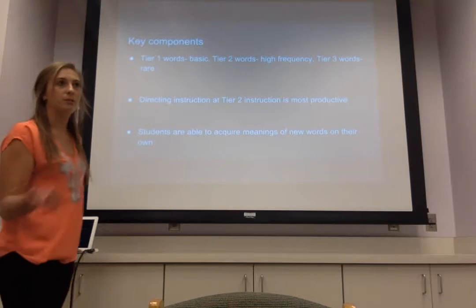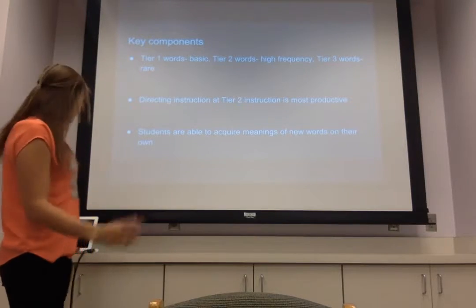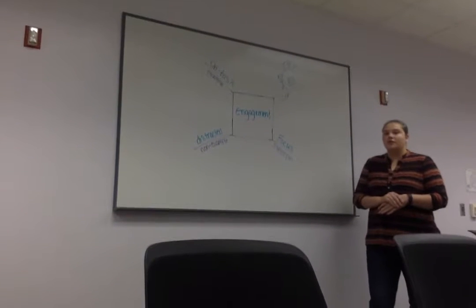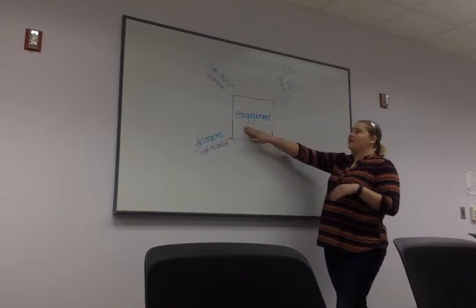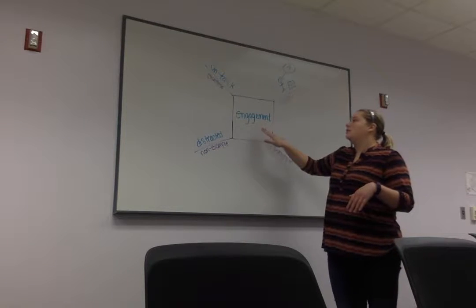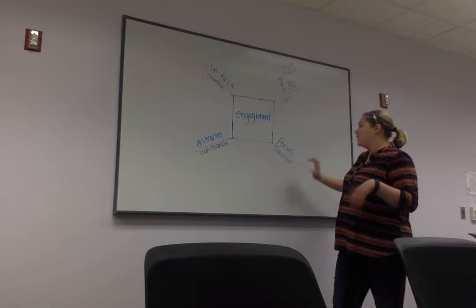So now we're going to show you our example of a word we chose to do in the definition diagonal. So for our definition diagonal, we put engagement in the middle. So this is the vocabulary word. And then there's an example, a non-example, an icon, and a synonym.